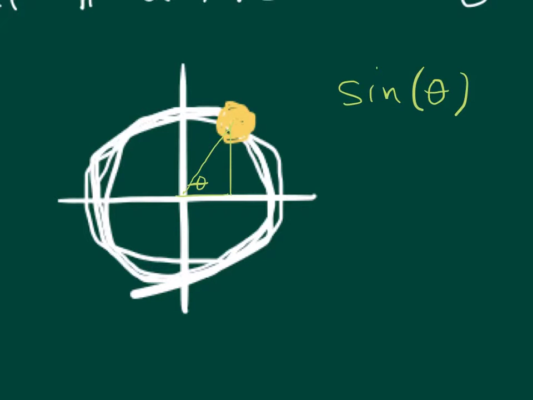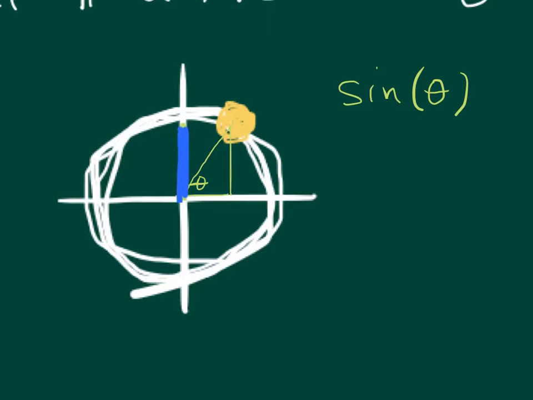In this picture, what geometric measurement represents sine of theta? It's the y-coordinate. So this thick green, maybe I won't even use green here, I'll use blue. This vertical blue line, the length of that line is sine of theta.